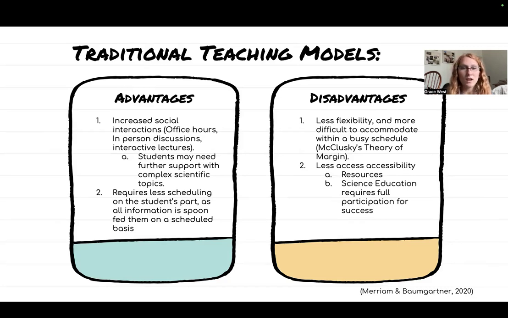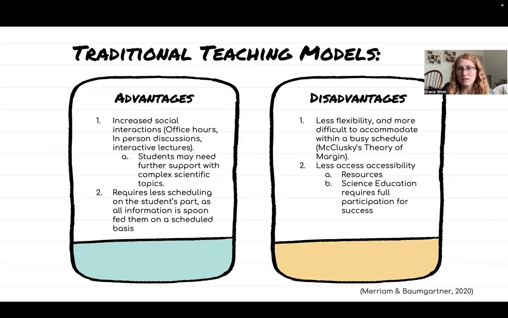Another advantage is that it requires less scheduling on the student's part, as they are scheduled for them. Now, two disadvantages of the traditional teaching model. One, there's less flexibility, and students have to accommodate for everything else they're doing in life.